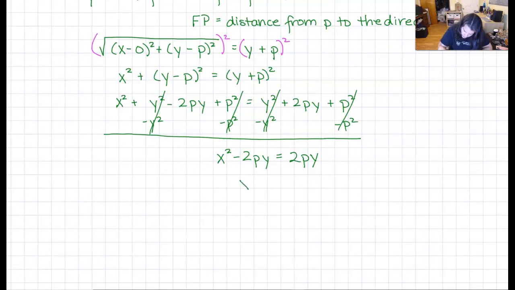If I just add 2py onto both sides, now I have x squared equals 4py. And that's it. That's the equation for a parabola. Now that's specifically for an equation for a parabola that opens up with a vertex at (0, 0). So this opens up and the vertex is at (0, 0).